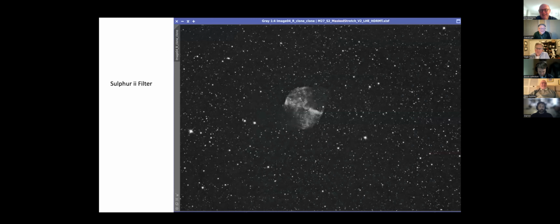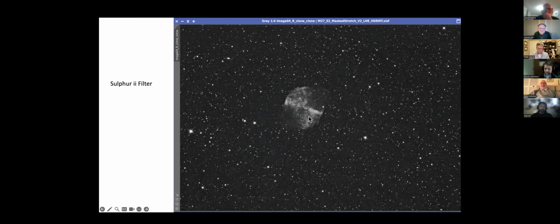Okay, so this is our sulfur image, and I used a variety of things here. At the top, I used a mask stretch, a local histogram equalization, and HDRMT. And when I was combining these things, I did something else.